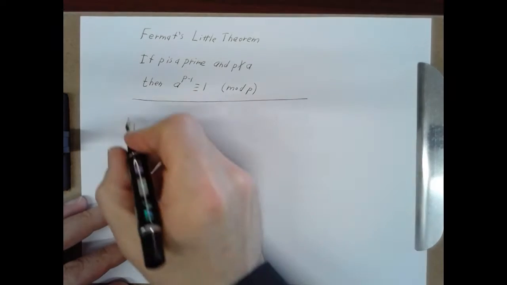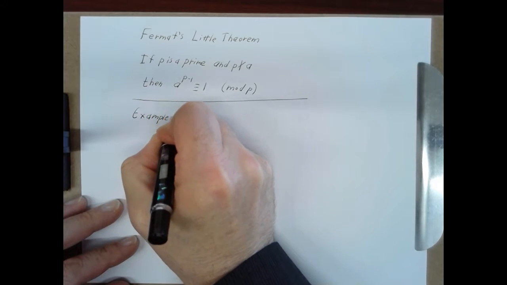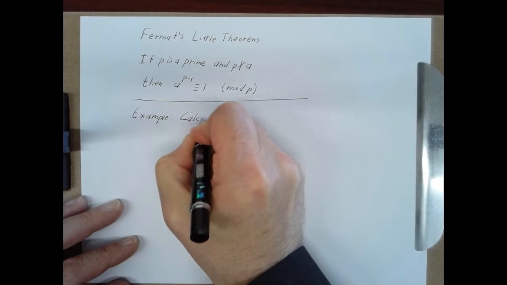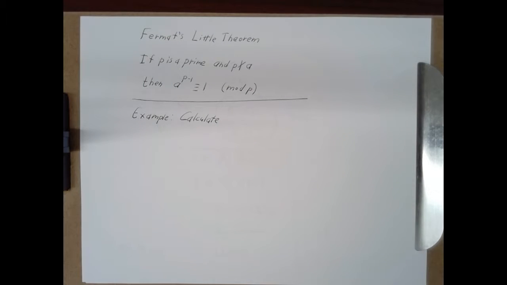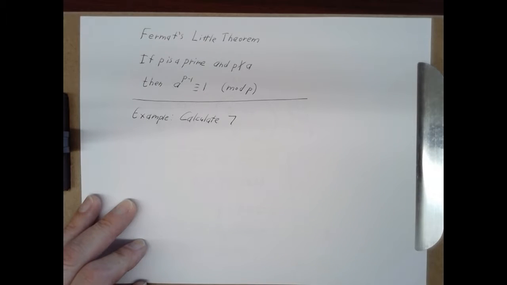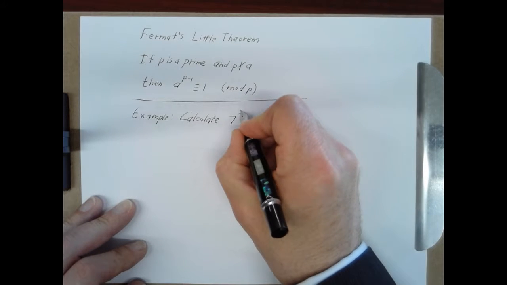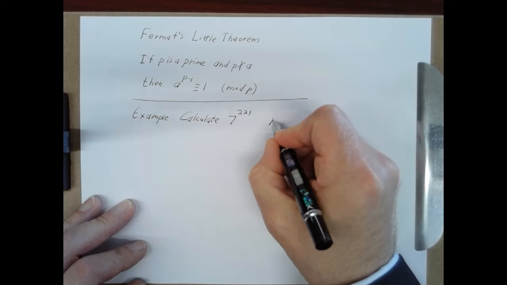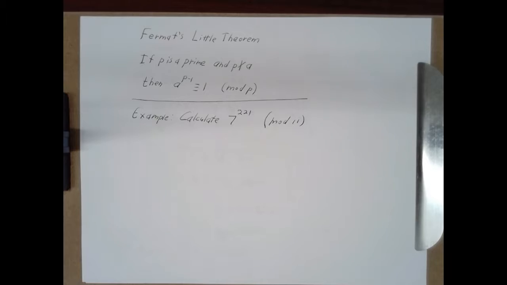So here's an example. Let's calculate 7 to the 221st modulo 11.